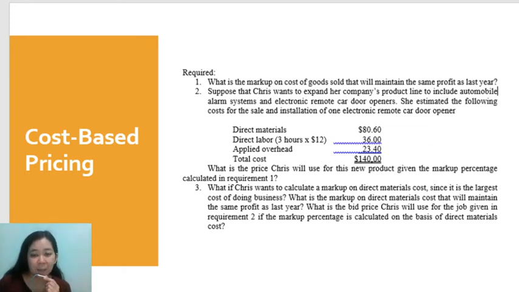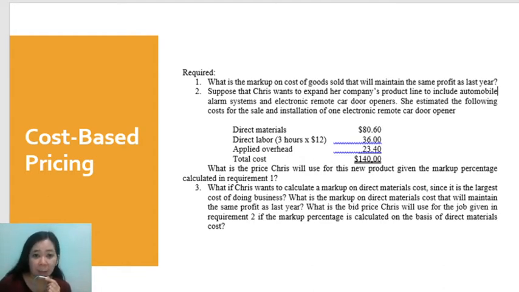Second, suppose that Chris wants to expand their company's product line to include automobile alarm systems and electronic remote car door openers. They estimate the following costs for the installation. The total cost is $140. What price will Chris use for this new product, given the markup percentage we calculated in requirement 1?